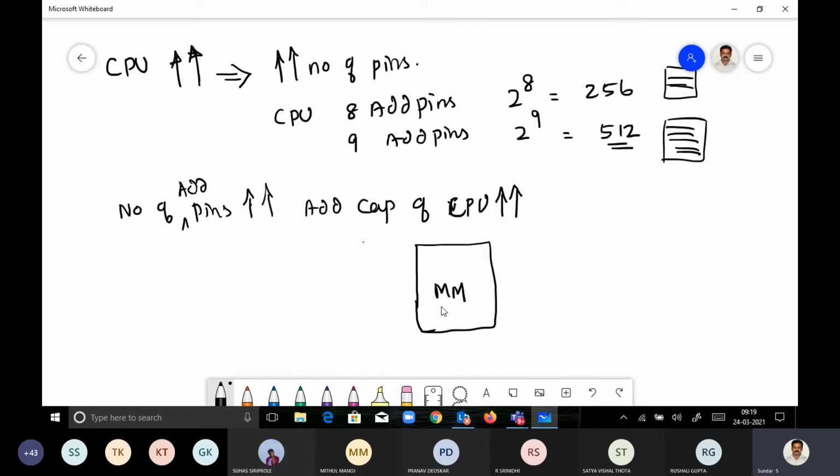With the normal size of main memory, the designer has to manage this increased addressing capacity of the CPU. It means virtually it is believed that the main memory is also increased according to this capacity. Physically it is not increased, only virtually. Virtually means not seen, right? So virtually it is increased to meet the addressing capacity of the CPU. This is the idea of virtual memory.